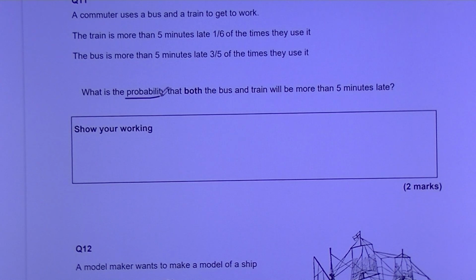This is another probability question, and it's a probability of 2 events. The train is more than 5 minutes late, and the bus is more than 5 minutes late 3/5 of the times they use it. 2 fractions.